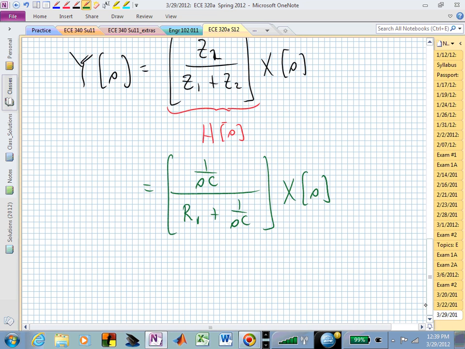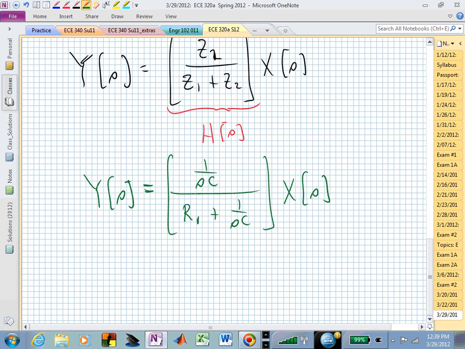And as we've talked about before, we really don't want to be having transfer functions that are ratios of ratios. If we now put everything over a common denominator, we have SC in the basement downstairs, and we have SC in the basement upstairs.